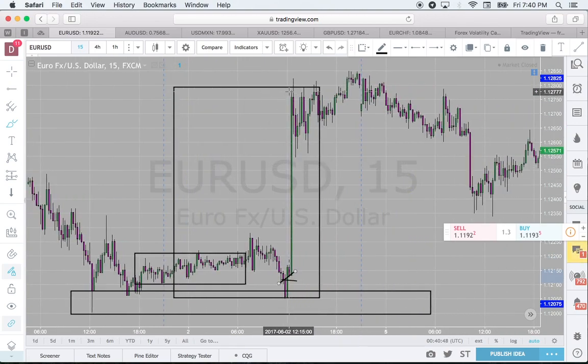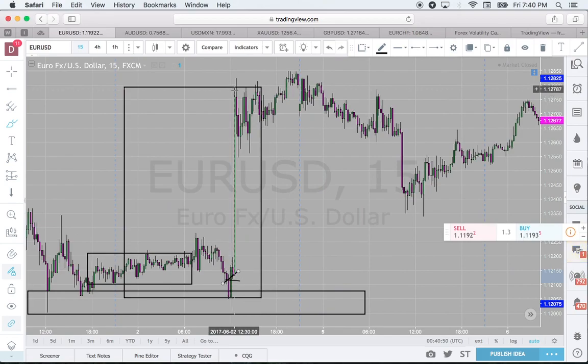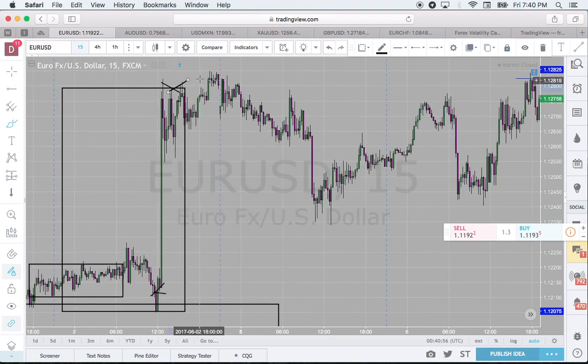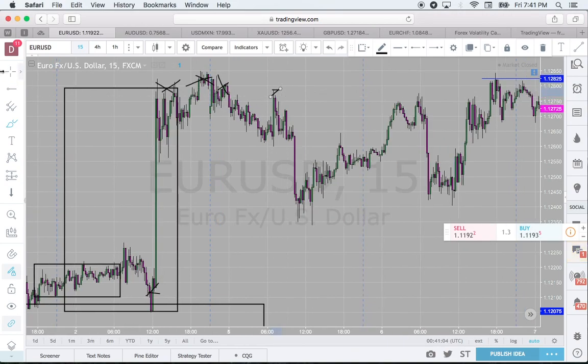We now see the daily range has been filled. We could sell at one of these wicks, or sell here, or sell here, or sell here. The daily range was filled, so now the dealer must retrace.